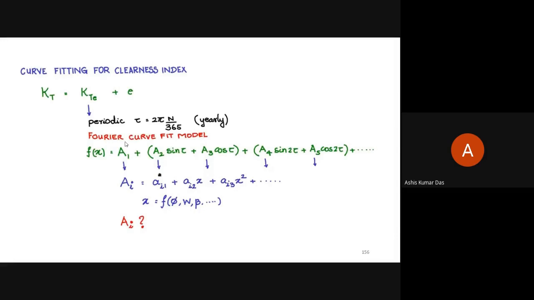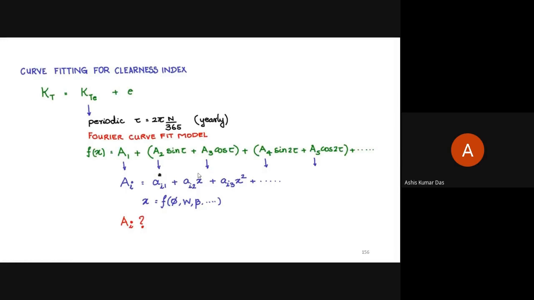That is what we attempt to do. Let us say we have data collected for a few latitudes in different parts of the country, and we will make a Fourier curve fit model that gives us the clearness index estimate equation. So basically we are using the Fourier curve fit model.